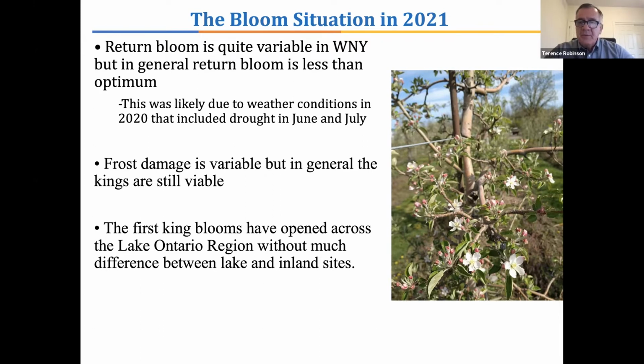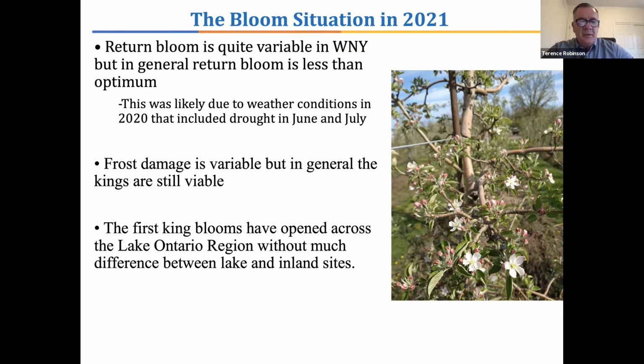Because I haven't been able to assess this myself, I want to make sure that people assessing blocks for bloom thinning look at whether the kings are viable by cutting them, pinching them through the middle and looking all the way down from the pistil to the base, where the stem attaches to the little fruitlet, whether it's all viable and green.